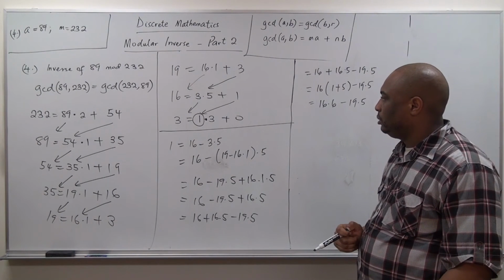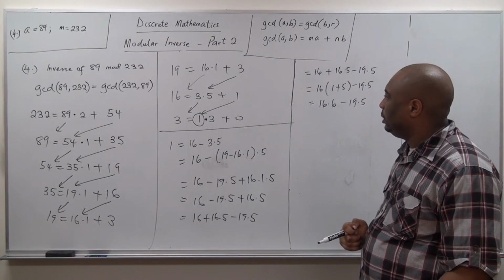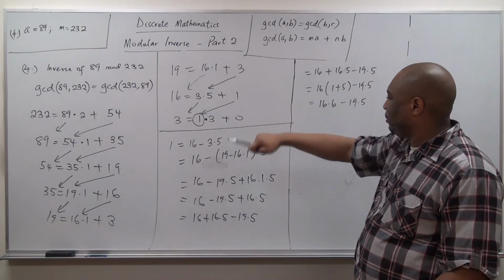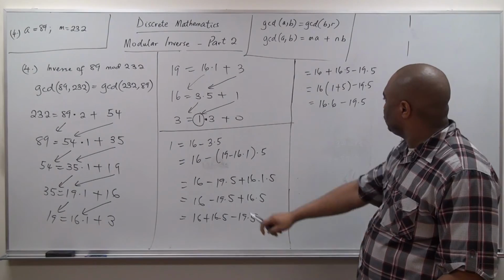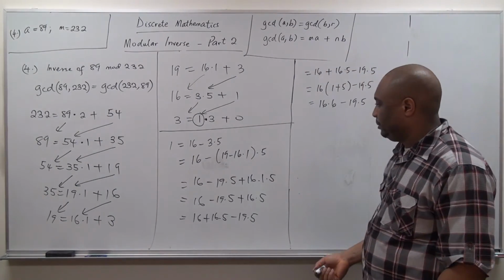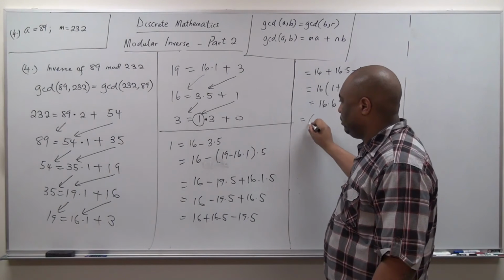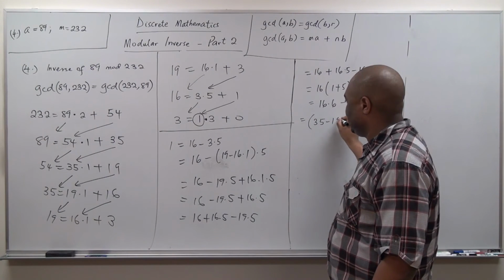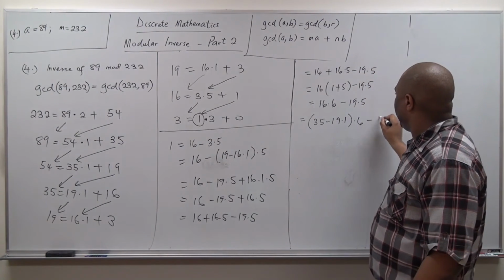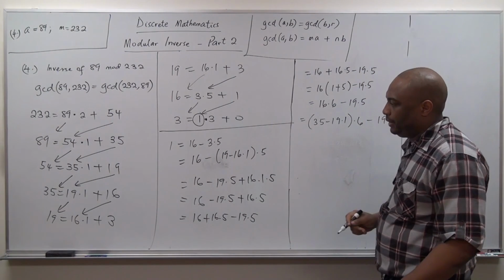So the next step is to express it in terms of 16, which is the left part. So this is now 35 minus 19 times 1 times 6 minus 19 times 5, right?